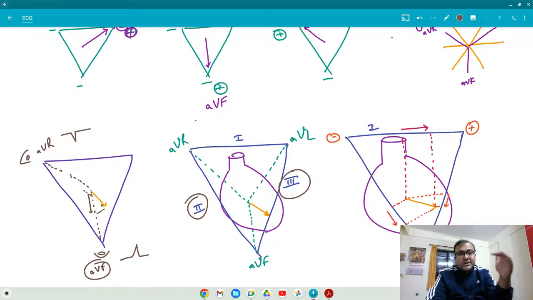Because common sense, lead 2 is also directing downward, lead 3 is also directing downward, and AVF is also directing downward. But AVR is going to have a negative deflection for major ventricular depolarization. We are talking about the main peak, that is actually the R wave. So till this much, everybody is clear about it.